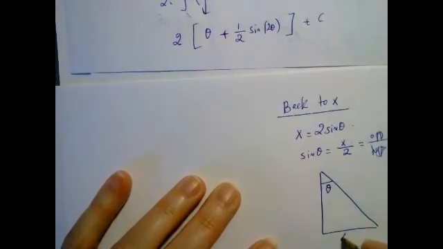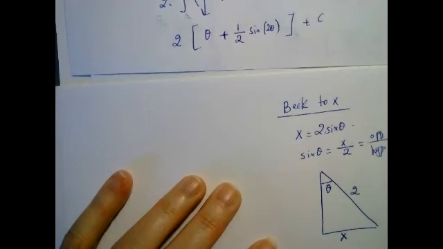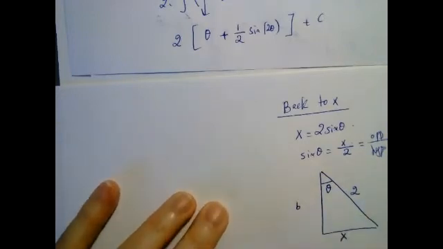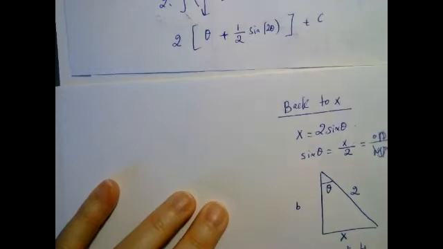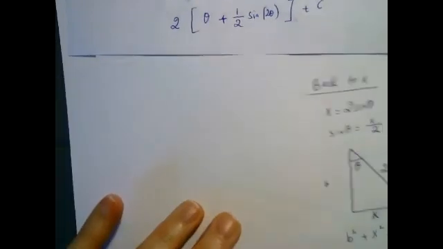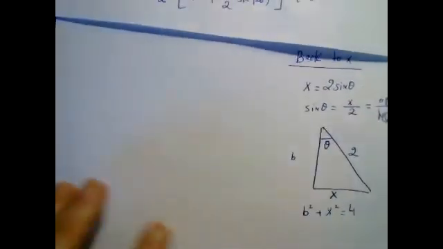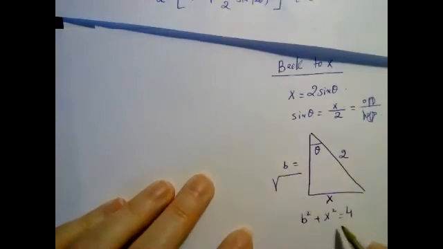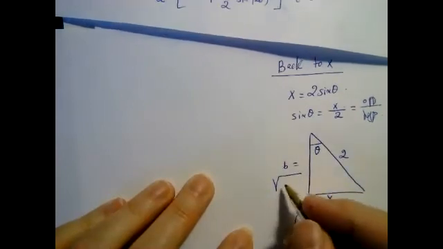So I'm going to name this opposite, and this is the hypotenuse. Now I need the Pythagorean theorem to solve for this side. If I call this b, Pythagorean tells me that b squared plus x squared equals 4. So b will be the square root of 4 minus x squared.